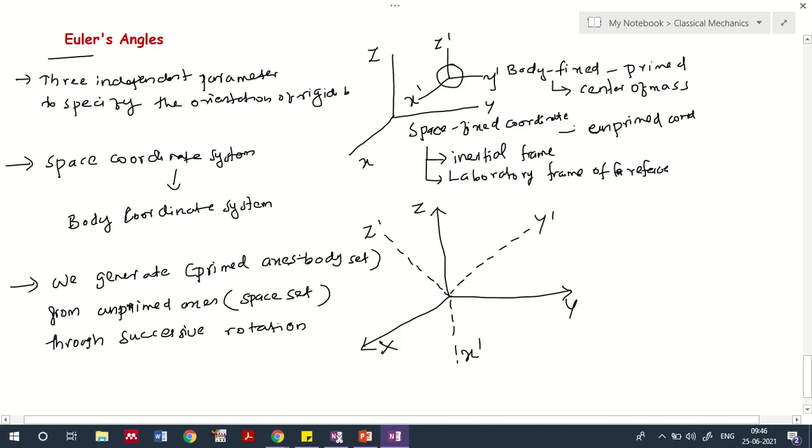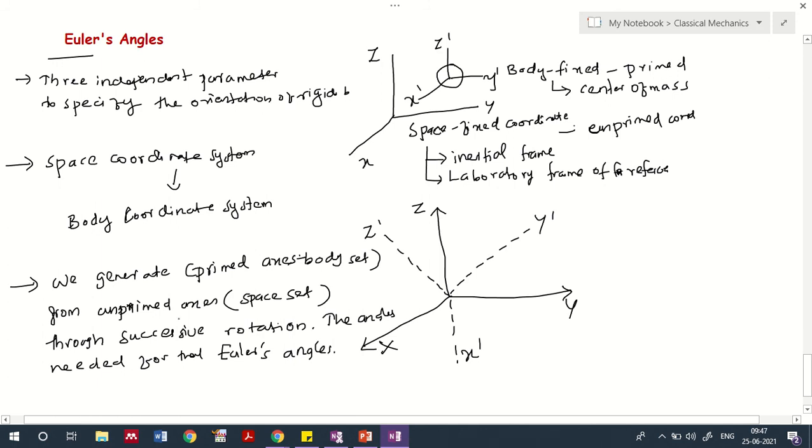The angles needed for that, we call Euler angles. You can also spell it Euler's angle.